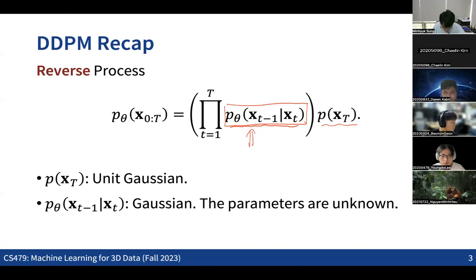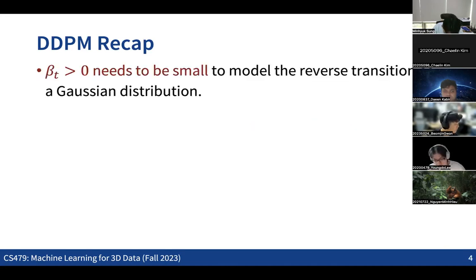We are going to predict some parameters for the reverse transition. One of the properties desired to make this process work is that we need to set the parameters so that they are small enough, so the reverse transition can be approximated as a Gaussian transition.